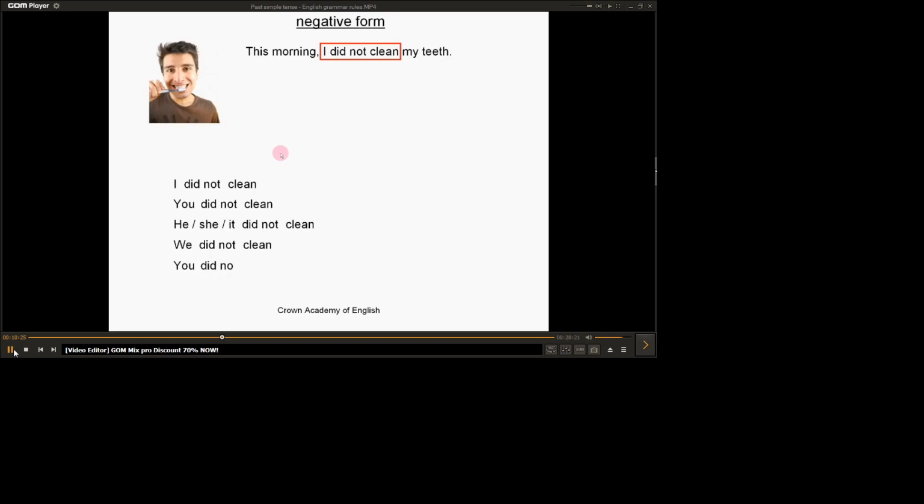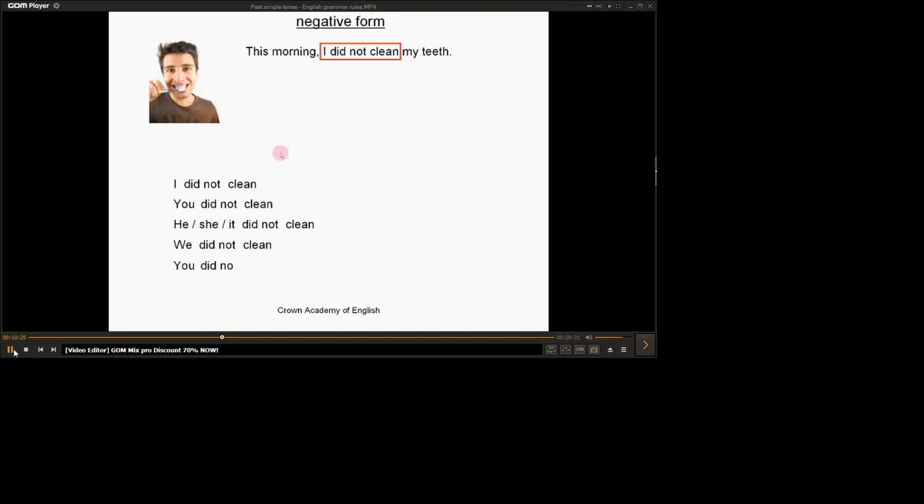So, in more detail, this is the form of the negative. It's the subject, followed by did not, and then the verb in the infinitive form. Okay, this is very important. This verb is the infinitive form, the base form.